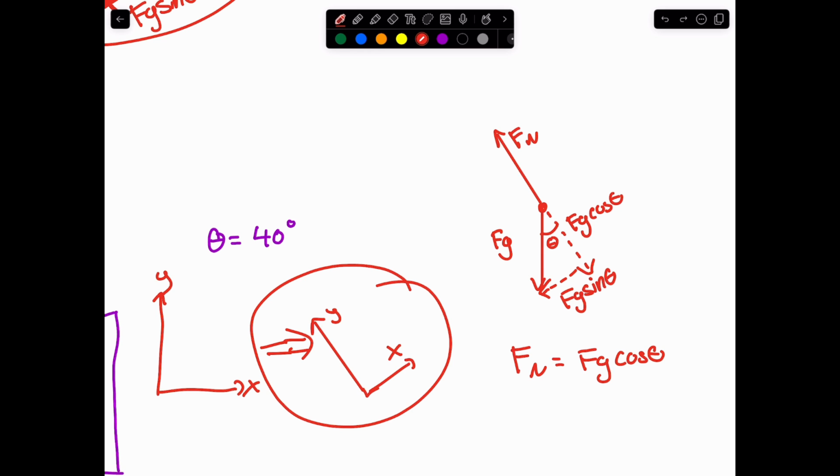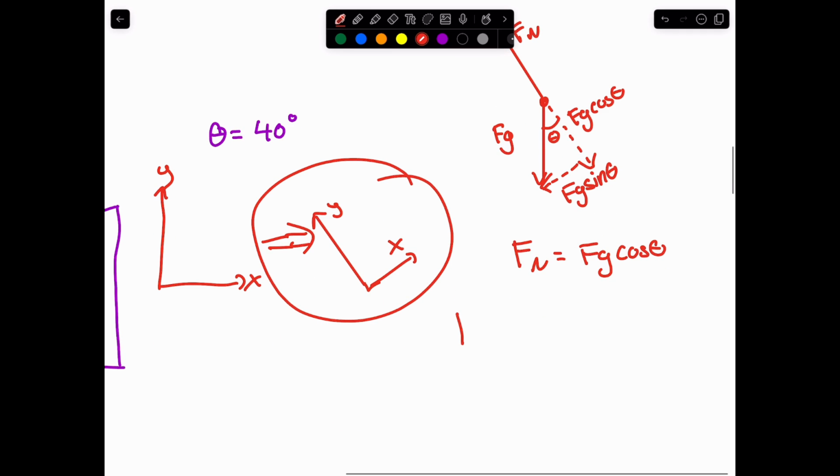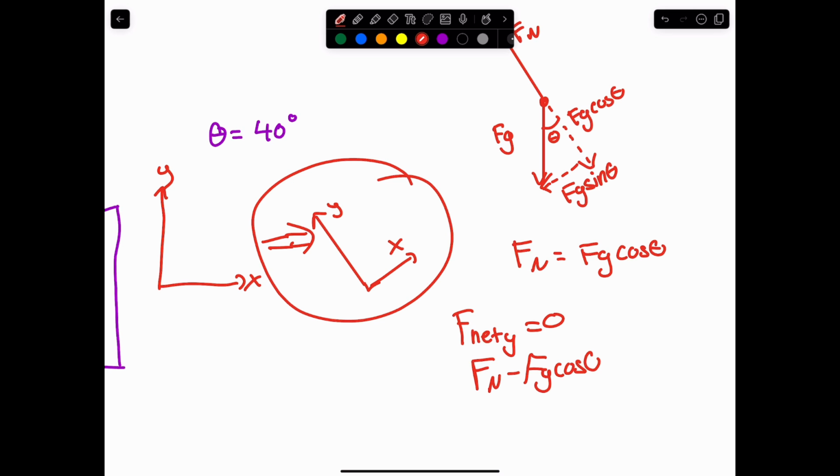In order for there not to be any acceleration in the y direction, Fnet y must be equal to 0, which means that Fn minus Fg cosine theta must be equal to 0, which means Fn equals Fg cosine theta. Basically, all this is saying is that the box is going to stay on the surface of the ramp. It's not going to start tunneling down into the surface or flying off into space like Superman.